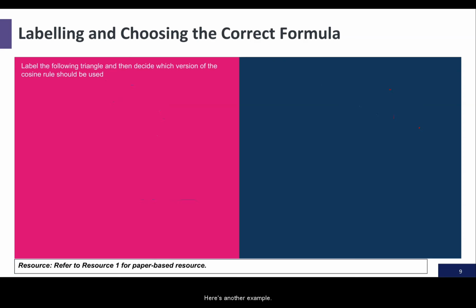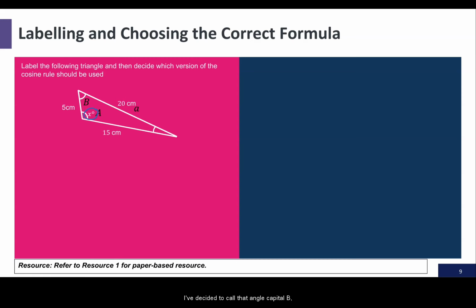Here's another example. This time I'm trying to find this value of x here. So I'm going to start by labelling the angles first. That angle x there I've called capital A, which means the opposite side will be lowercase a.